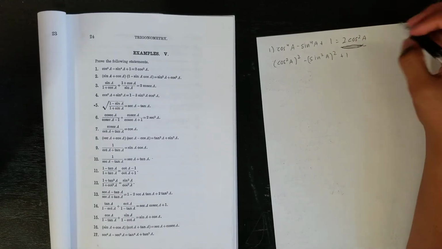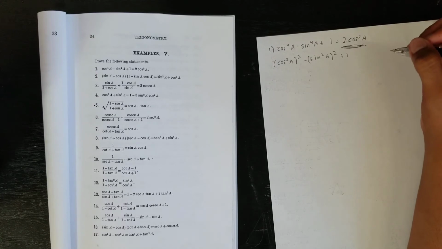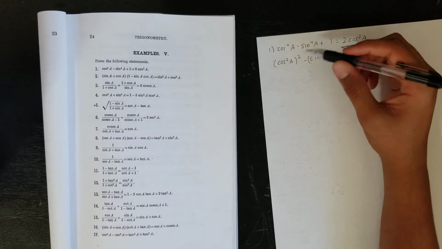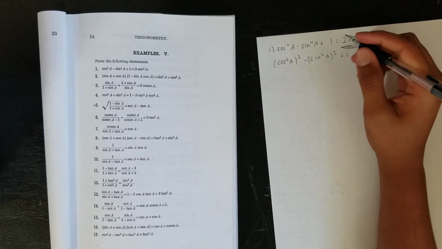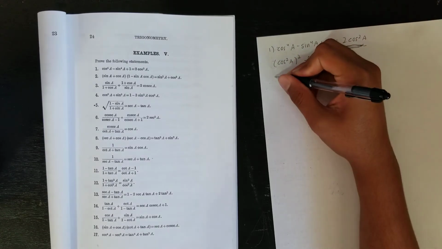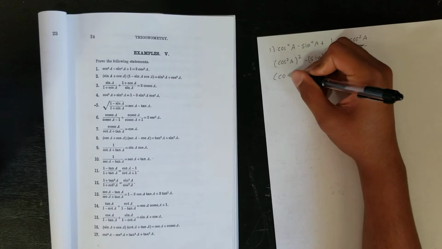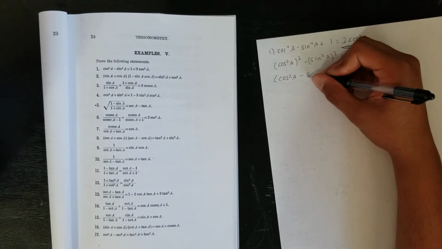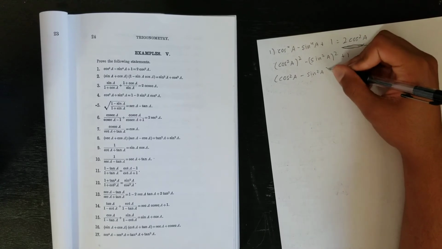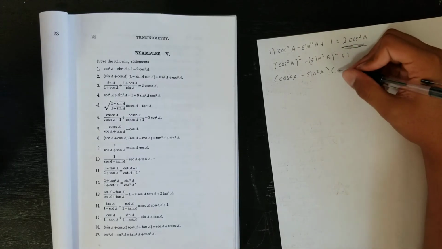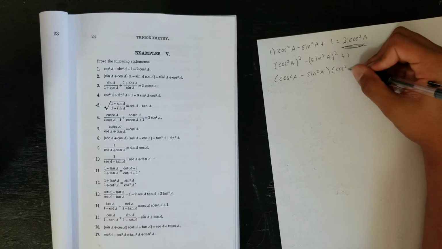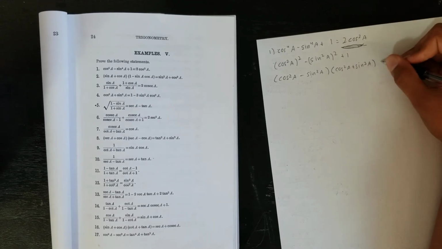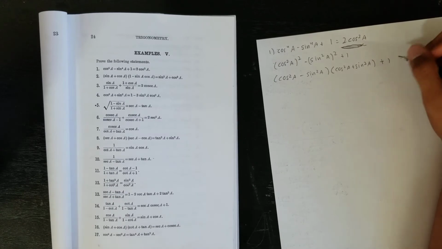Since we know our formula, a squared minus b squared is equal to a minus b times a plus b, we're going to change this to cos squared a minus sine squared a, and then cos squared a plus sine squared a, and we can't forget about this plus 1.